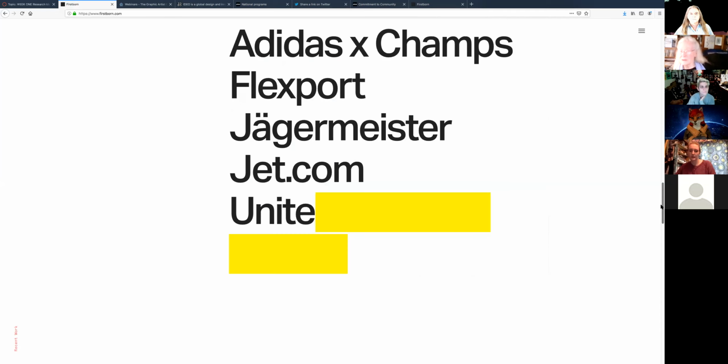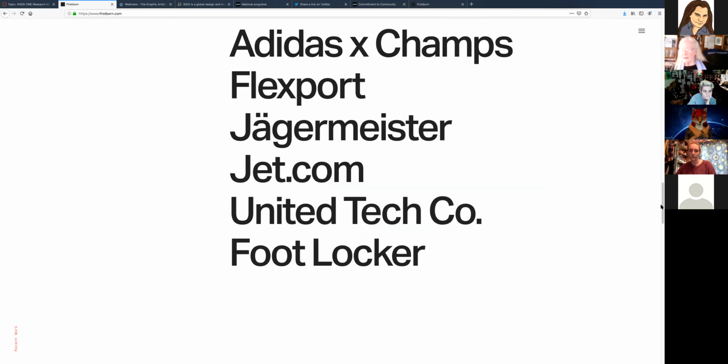And typography, being really clear about typographic alignments and choices and tracking and kerning, all of those things get very real.